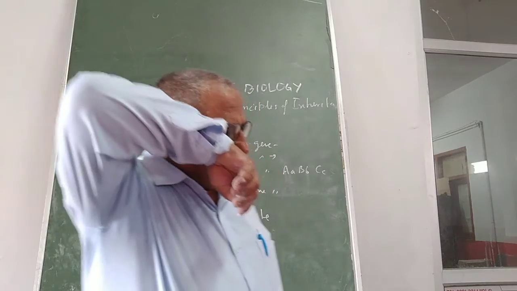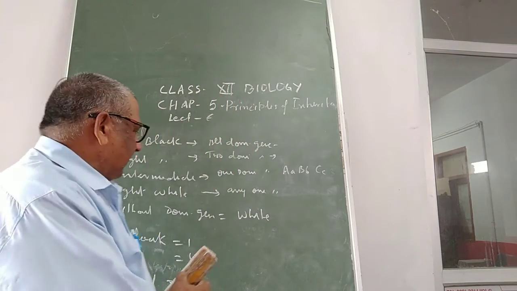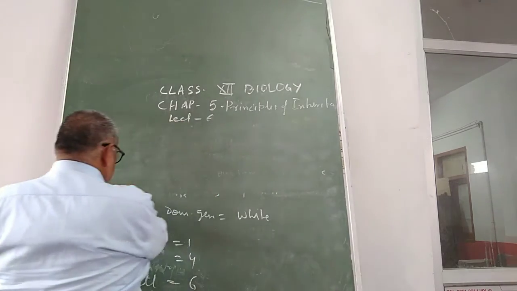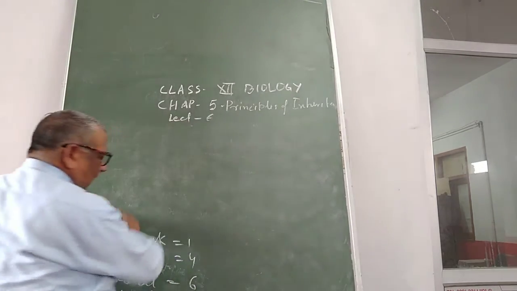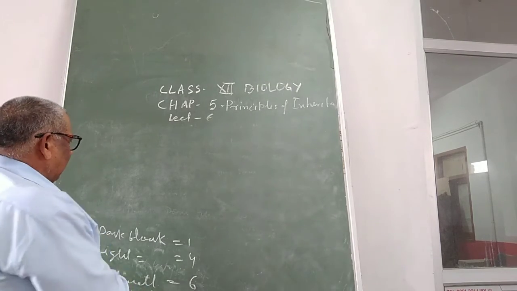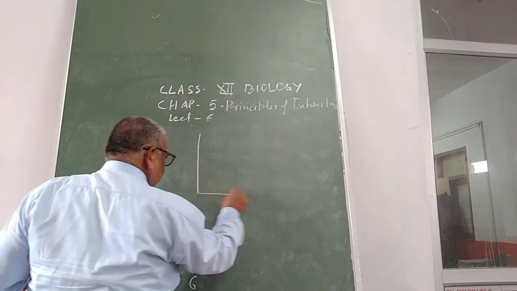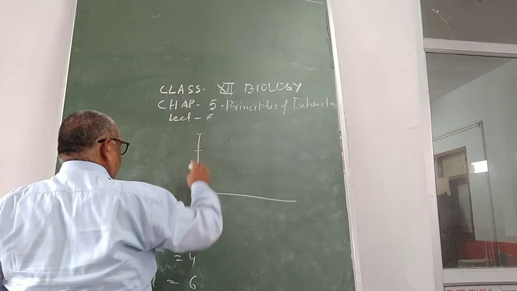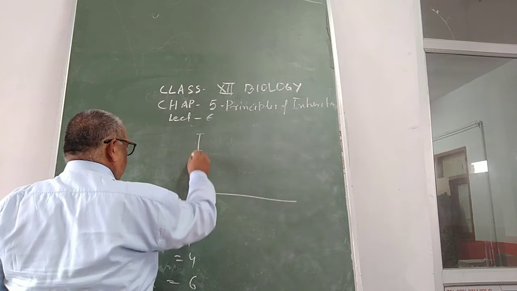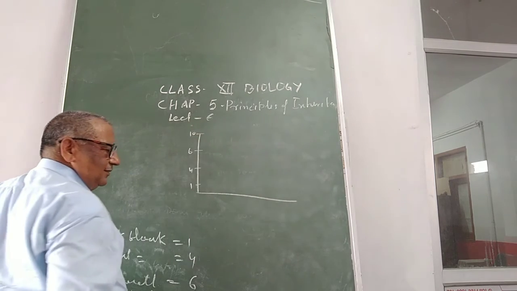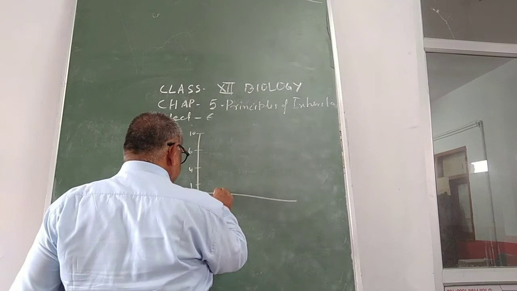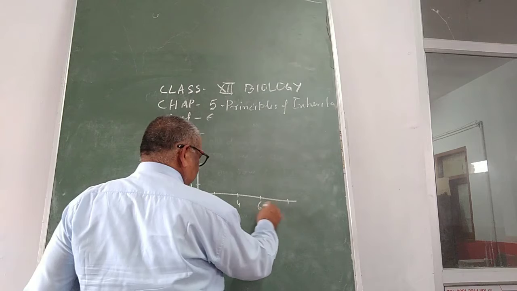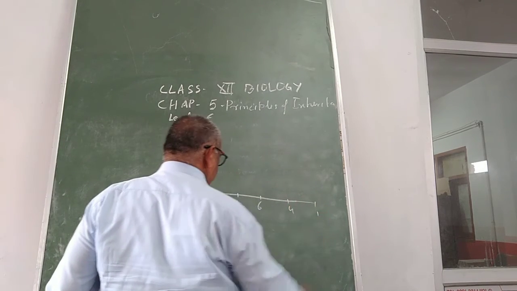Now, in polygenic inheritance, the ratio which we obtain can be plotted in different ways. If we plot in a graphical form, then we find 1, 4, 6, 4, 1. Here we see the number of individuals 1, 4, 6, 4, 1.